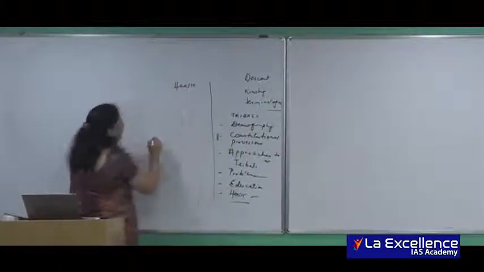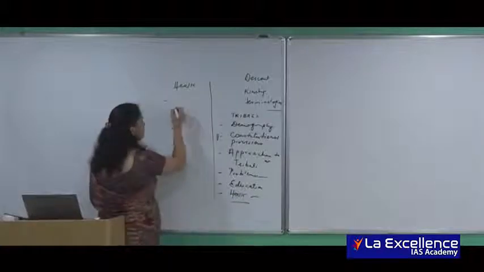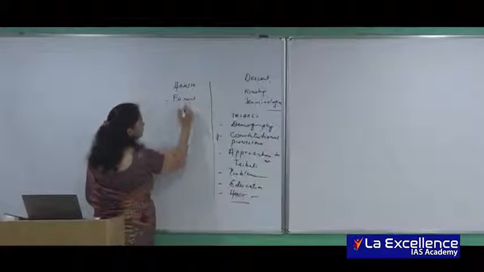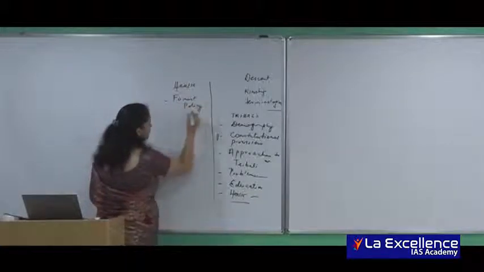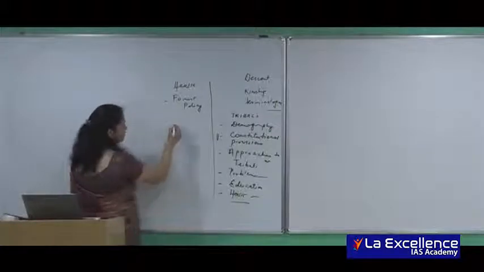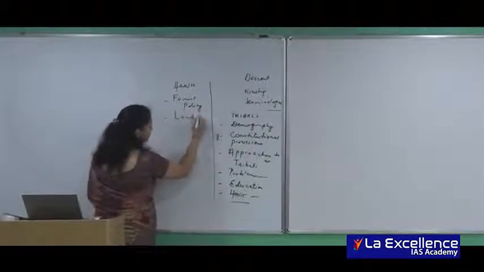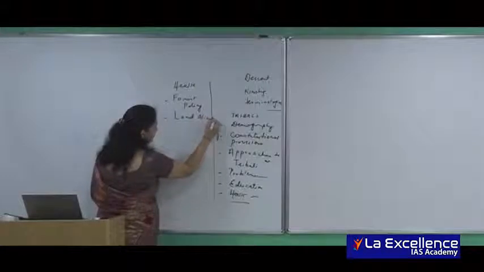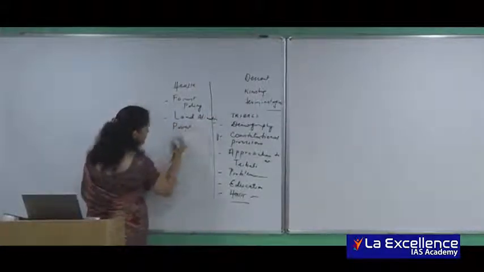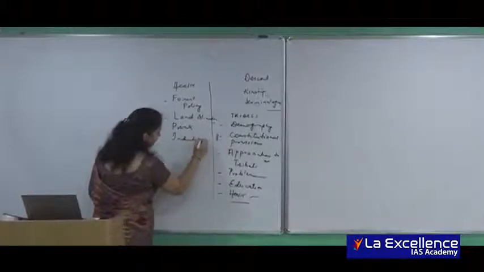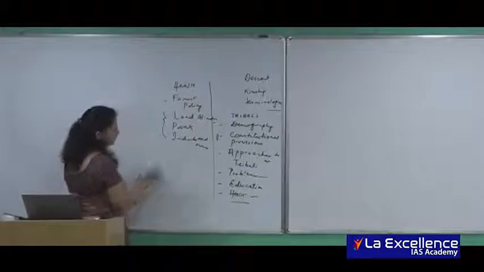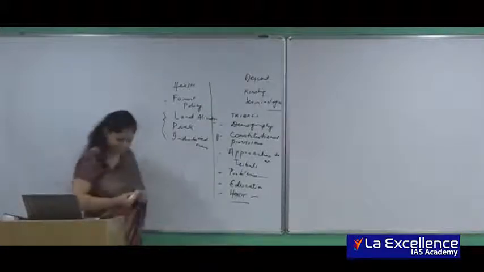And then I would want to start with something like forest policy. That will take a good amount of time, and something related to that is land alienation, poverty, indebtedness. These three come together. So this would be the next set of things.